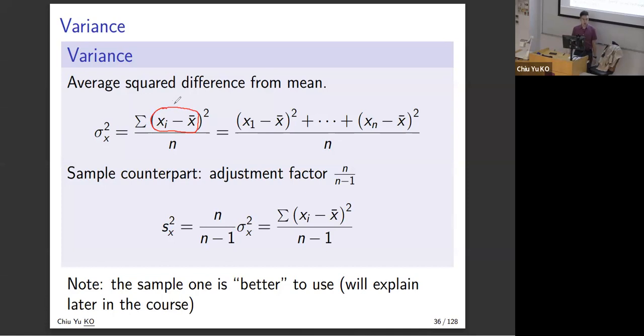And you care about the average distance, not just one. So you sum it and divide by n, because you want to compare different data sets with different sample sizes.